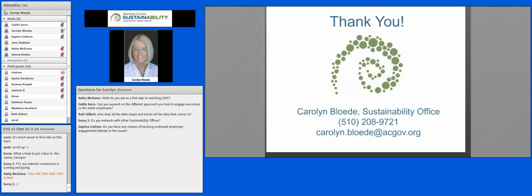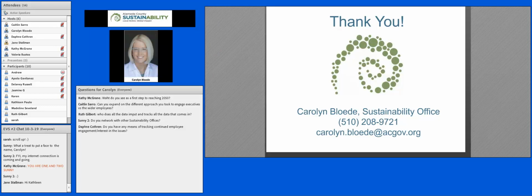We've worked to integrate sustainability into the county's strategic vision and some of the major budgeting processes. And we've tried to really translate climate action and climate preparedness to tie directly to the mission of the executives and what they are mandated to do within their agency.